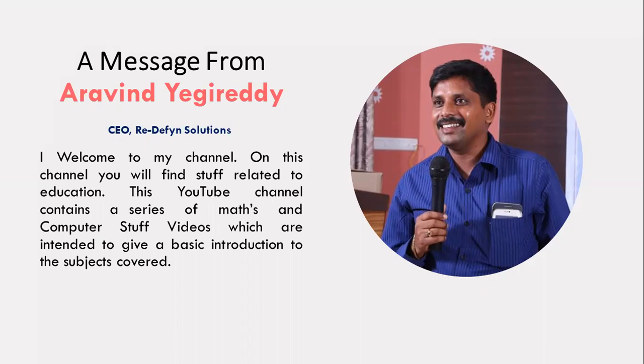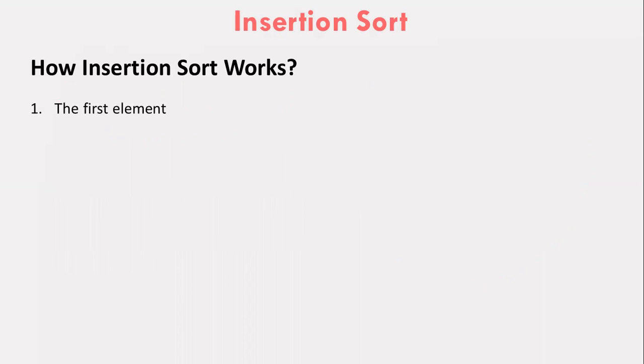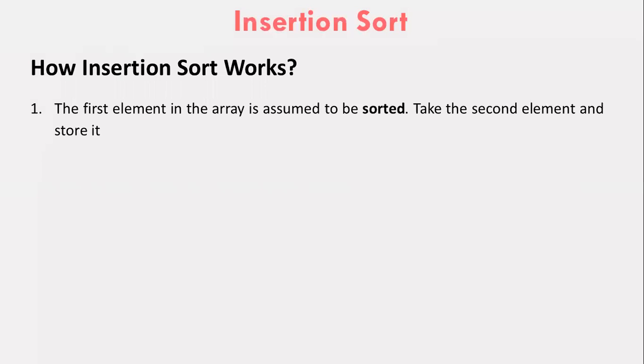Now let us see how insertion sort is going to work. First, we have to assume that the first element is already sorted. Then we need to take the second element and store it separately in the key. Now the first two elements will get sorted.